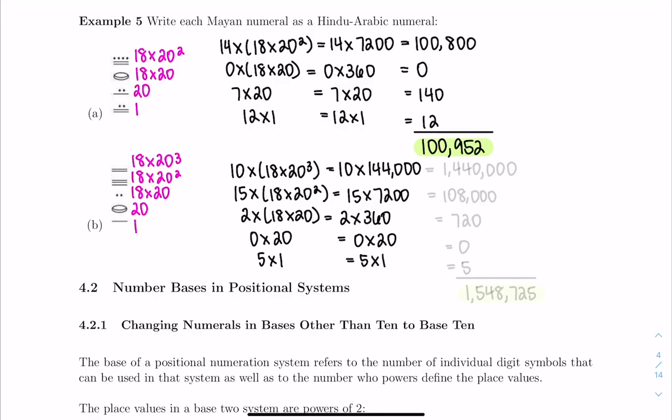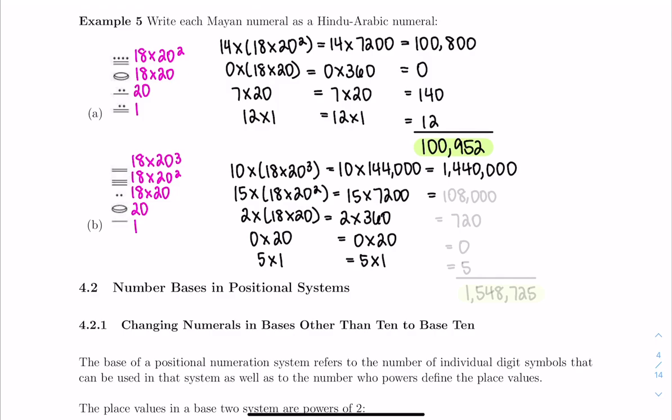So let's do our last part of simplification and add them together. We've got 10 times 144,000. Well, that's going to give me 1,440,000. 15 times 7,200.